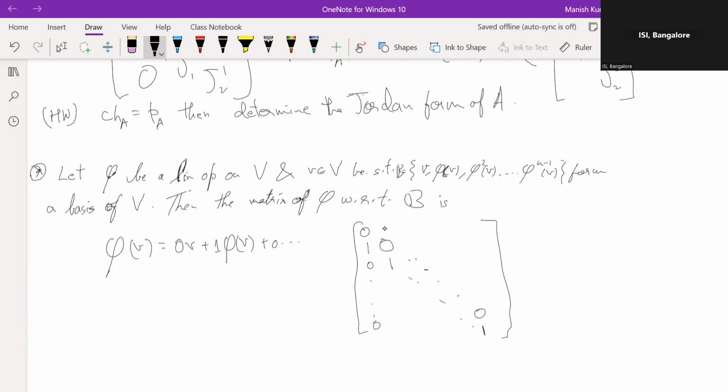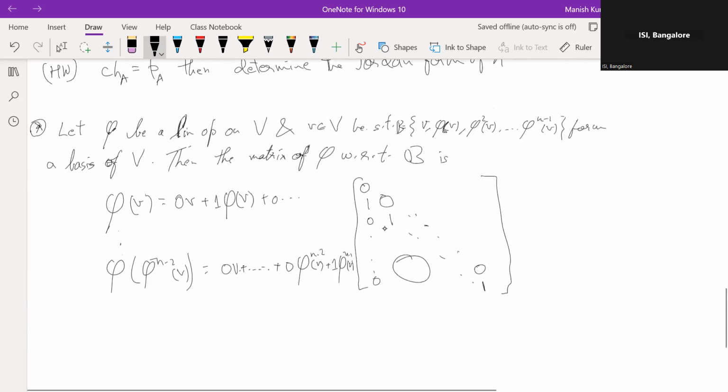So there is a subdiagonal. Because phi of phi n minus 2 v is phi n minus 1 v, and the last one is 0 v plus 0 phi n minus 2 v plus 1 phi n minus 1 v. Yeah. So this is what you get.